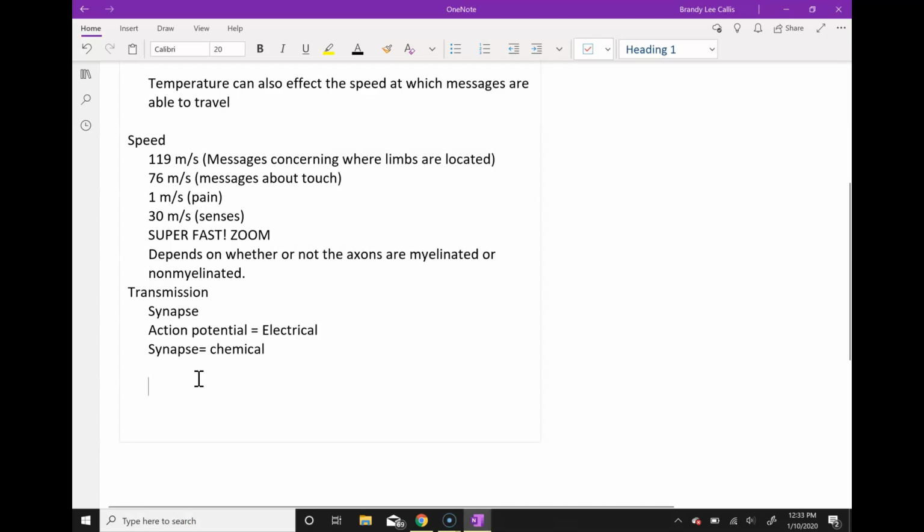So what actually happens at this synaptic cleft that I've been talking about? Well, the action potential reaches an axon terminal. So it's like, hey, I'm here. The terminal depolarizes.